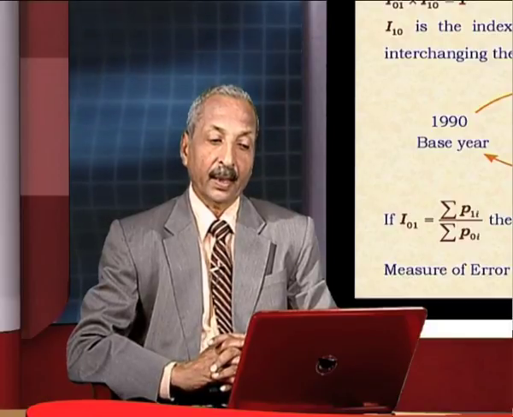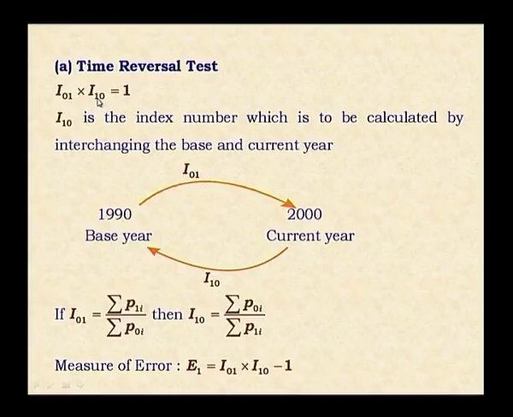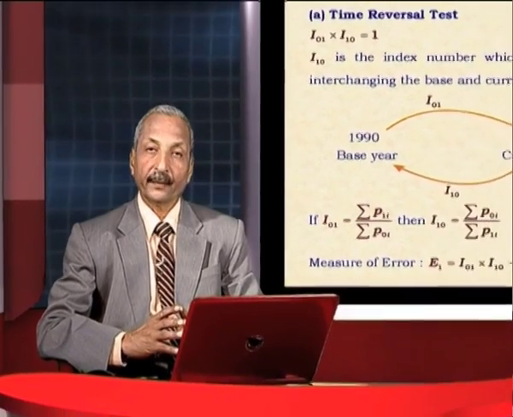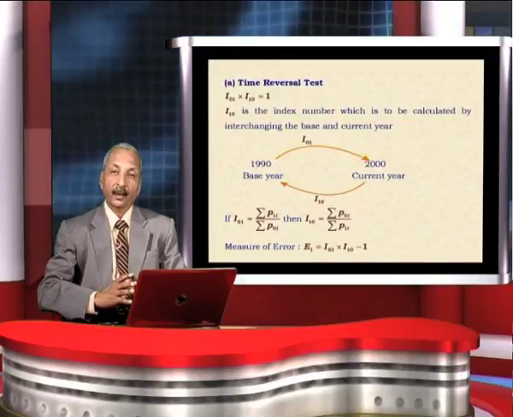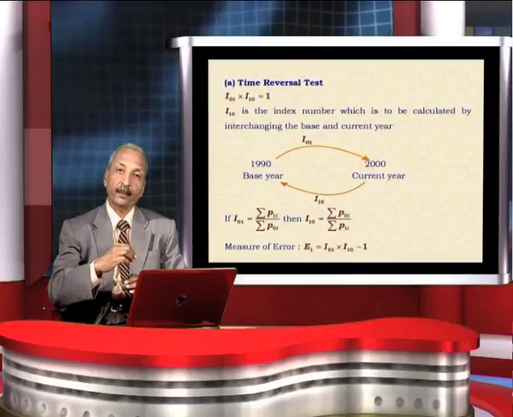Now, the time reversal test is given by this formula: I01 times I10 must be equal to 1. That is, if any index number satisfies this equation, then we say that this index number is appropriate according to this criterion. Now, what is here I10? We know that I01 is the index number where 1 denotes the current year and 0 denotes the particular base year.